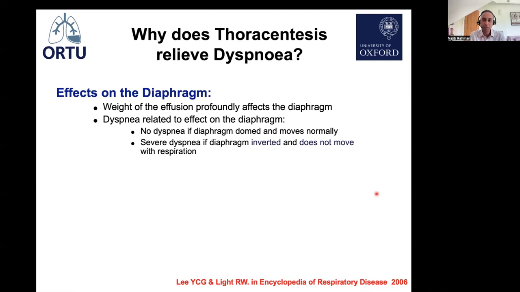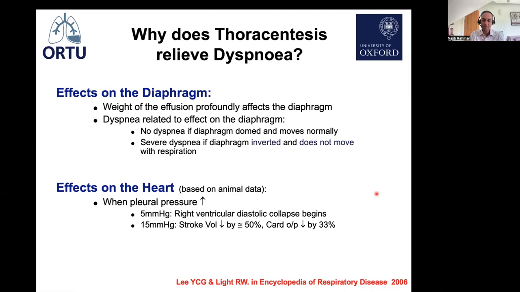So if the diaphragm is moving normally or is a normal shape, often they're not breathless. As soon as the diaphragm starts to become an abnormal shape, and I'll show you that in a second, or if it becomes inverted and doesn't move with respiration, these patients tend to have profound breathlessness, which is helped by your thoracentesis.